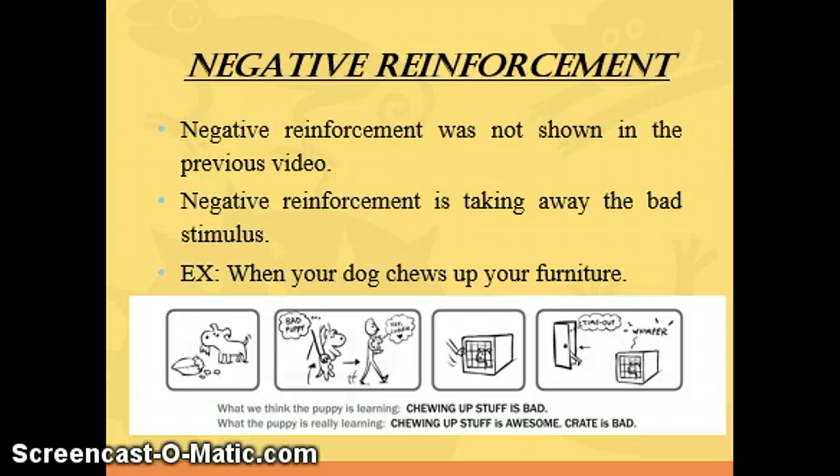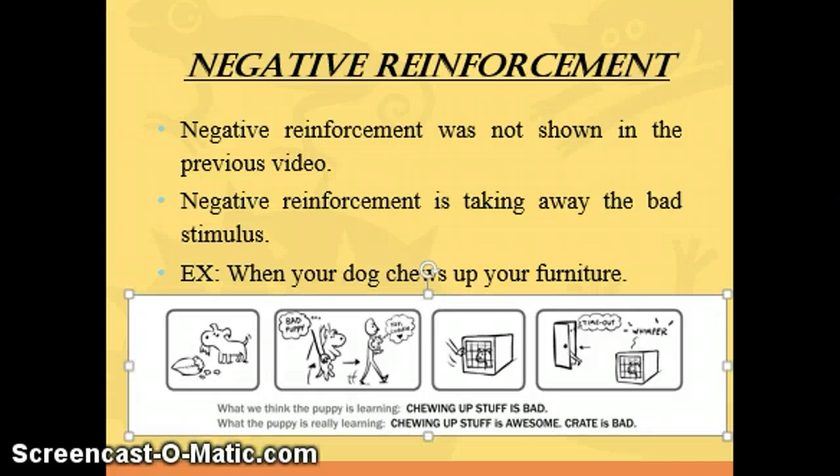He's learning that the crate is bad, but he still will chew up your furniture. So if you don't want him to chew up your stuff, you would have to put away the things that he is tearing up, and then probably turn away from him, ignore him, stop giving him the attention that he wants, because dogs like attention.